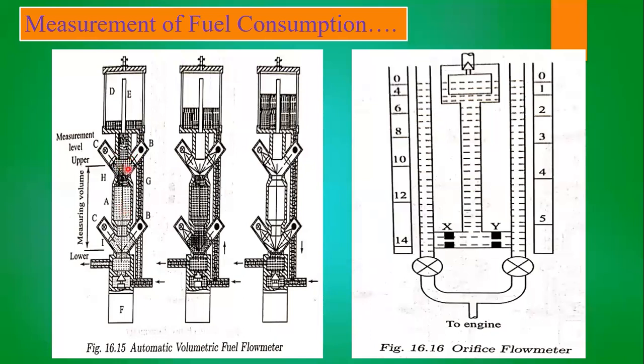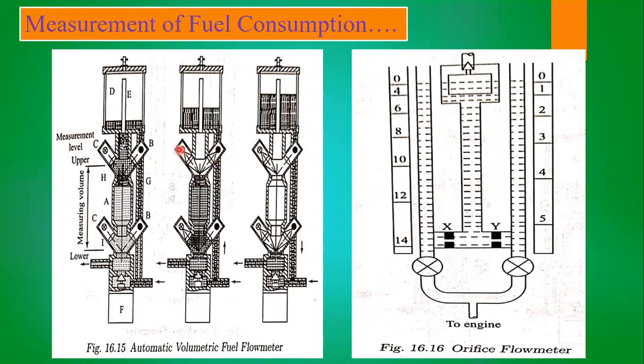Whenever the fuel up to here is consumed by the engine and the fuel level is here, the timer is going to start now. How? Here there will be a light source which will always emit some light, and at the same time there will be a photocell here.